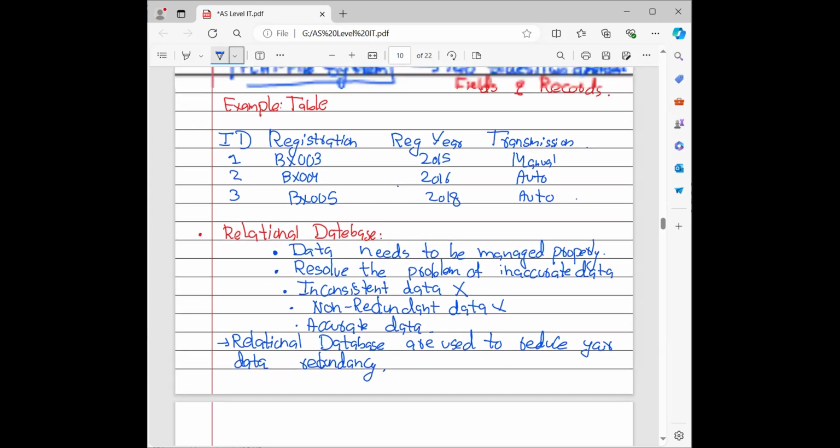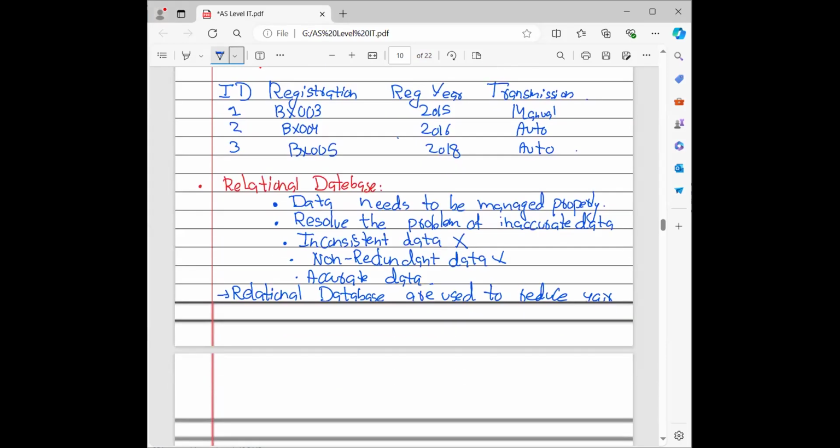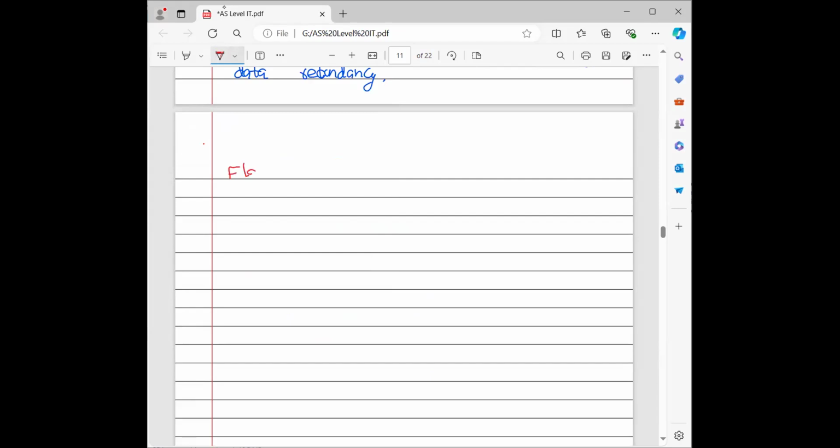However, if I discuss in terms of a flat file database, I'm basically comparing both of them.